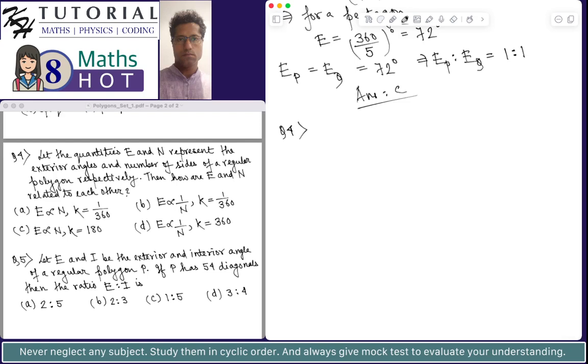Let the quantities E and N represent the exterior angle and number of sides of a regular polygon respectively.